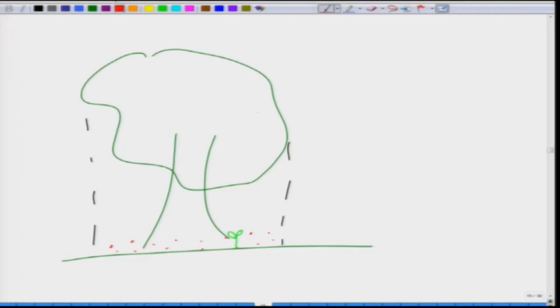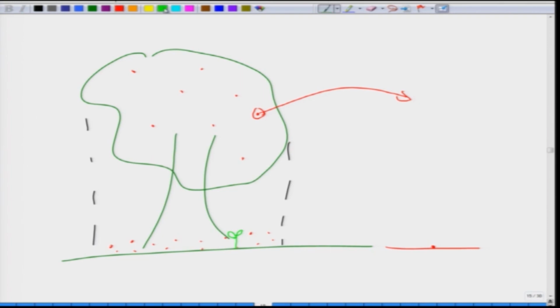Whereas, if you have a condition in which you have these seeds or these fruits and then there is a bird that eats up these seeds and then goes to another location, and then with its dropping the seed falls here. So, it is now away from the shade zone of its mother tree.